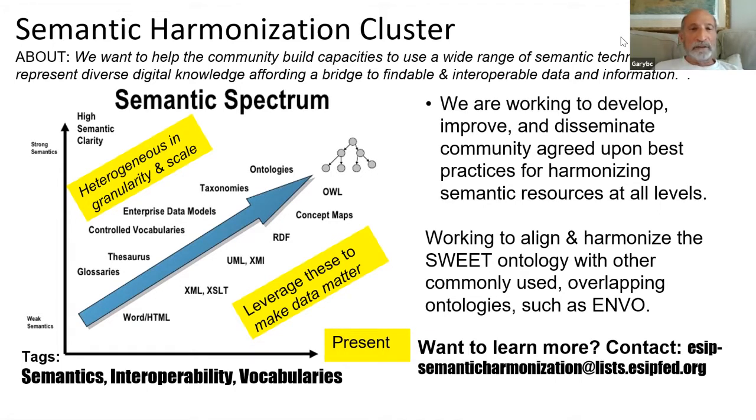So the harmonization cluster is an attempt to sort of do exactly that, harmonize things along this diagonal, with the goal, of course, of making sure that the things that are represented in the ontology in OWL reflect the understandings that people agree on in the lower end on glossaries and controlled vocabularies and the like. As it says here in the bullets, we are working to develop and improve and disseminate community agreed upon best practices for doing just exactly that.